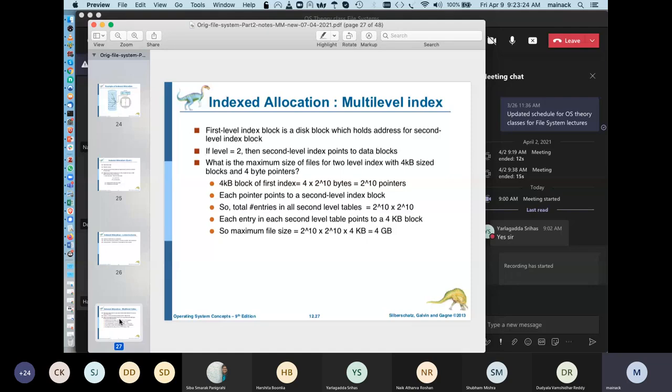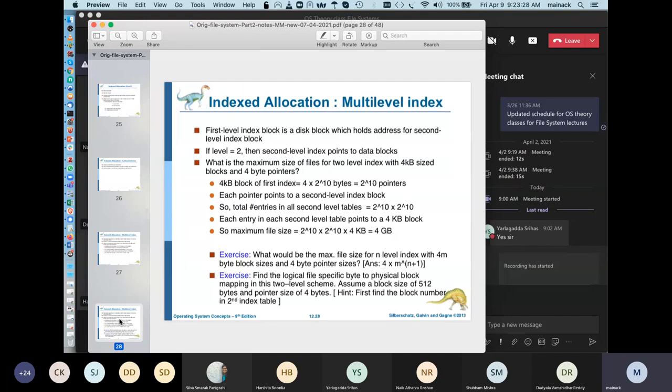Okay. So the best way of testing whether you understood it is to do some exercises. So write down this exercise. Essentially, I put the answers here. If you cannot do that, please ask on MS Teams anyway. But if you can do that, you know that you understood multi-level index.